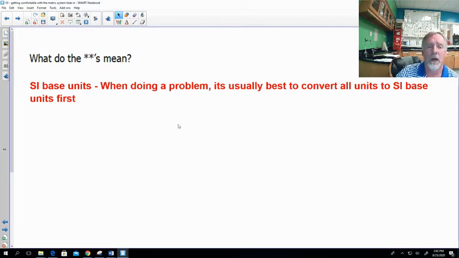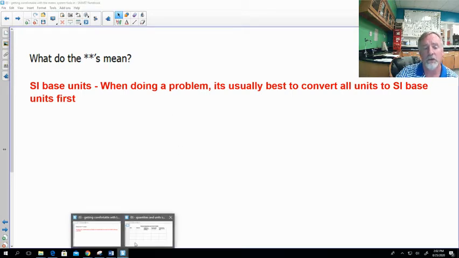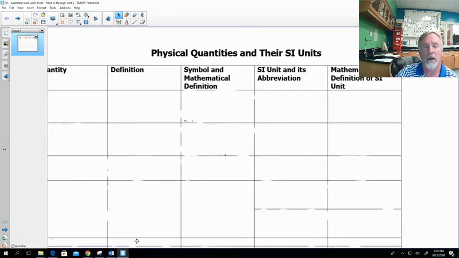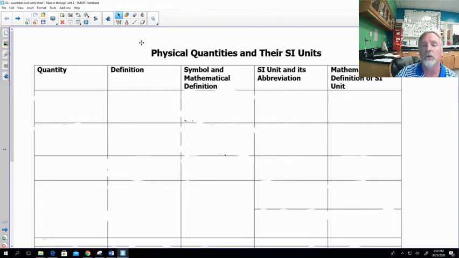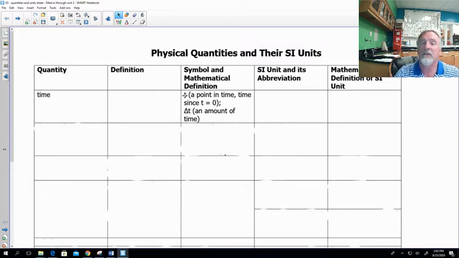All righty. Well, to wrap up today, there's another section here that I want to talk a little bit about. We're going to do a little bit more on the metric system. If I talk about the unit for time in the metric system, we talk about t in physics. T is a point in time, or a time since t equals 0, or delta t, the amount of time, how much time has gone by, right?